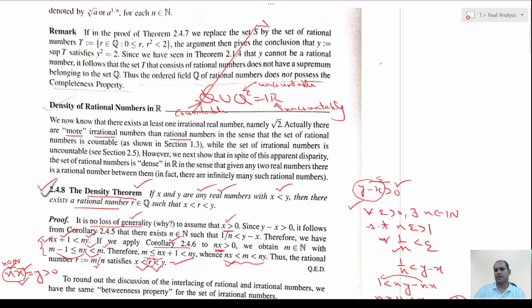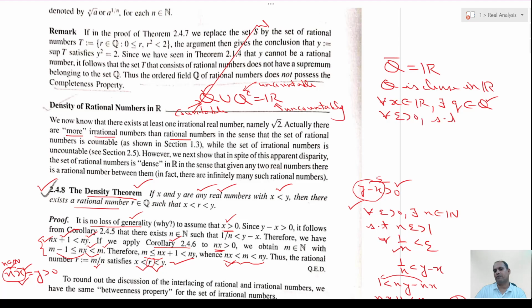In other words, in metric spaces we will extend this condition, and in topology, by using the concept of open sets, we will use this notation. Here I am just giving you a basic idea that we used to say that the closure of Q is R, that is, Q is dense in R. In other words, I can write this: if Q is dense in R, then for every x belonging to the set of real numbers, there exists q belonging to Q, the set of rationals, and for every tolerance epsilon, such that |x minus q| is less than epsilon.